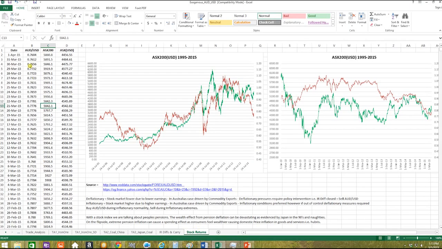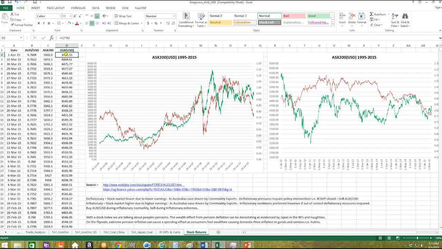And you can see here on the left hand side we have our date, and this is actually now a daily data set. So the dates are going backwards by day. We have daily data of the Aussie dollar, US dollar exchange rate. We have the ASX 200 priced in Australian dollars.